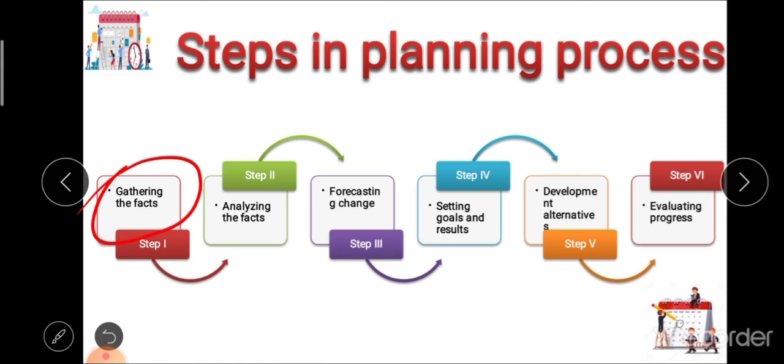Whatever your alternative, it must be evaluated and tested before using. Imagination is crucial, since new ways or new paths can be used for our success. And the last step is the evaluating process.